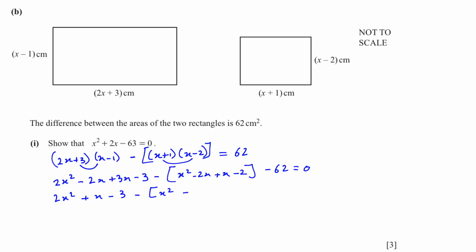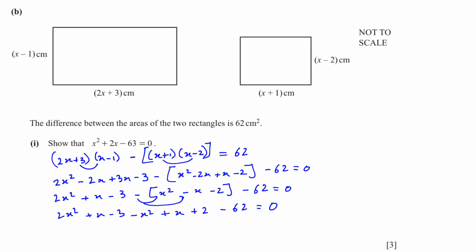If I simplify it, I'll get negative x minus 2 minus 62 is equal to 0. Now we'll open the bracket up, and remember, because there's a negative, all your inside signs, they will change. So it will become negative x square plus x plus 2 minus 62 is equal to 0.